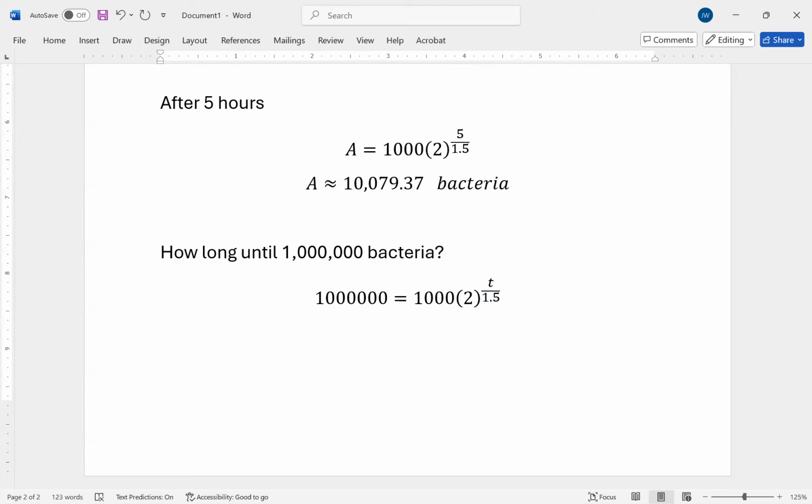The first thing that I would do is take my 1 million and divide it by 1,000. If I do that, I get 1,000 on the left-hand side is equal to 2 raised to the T over 1.5 power.